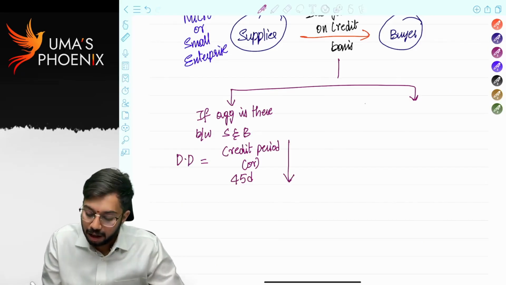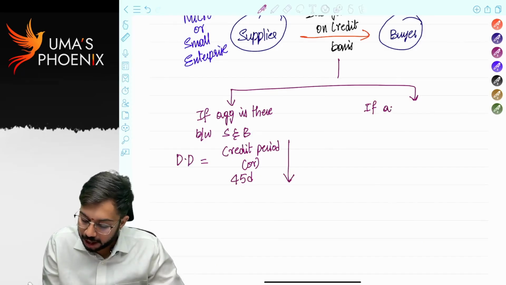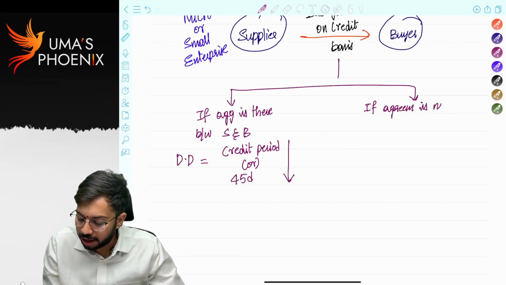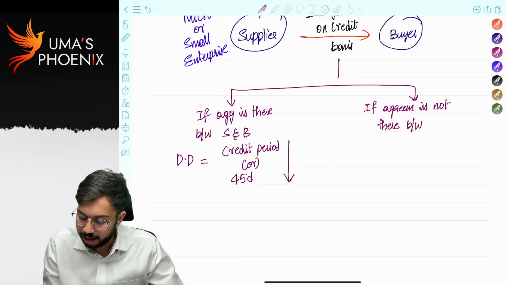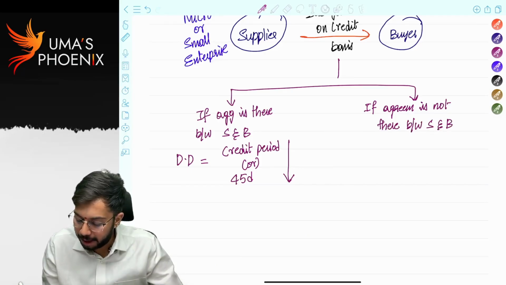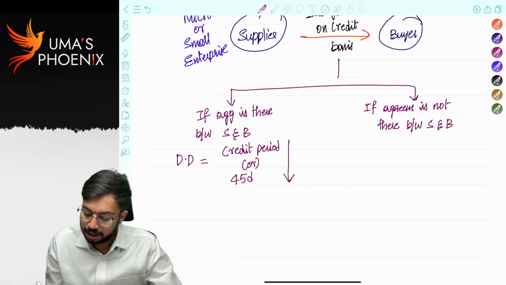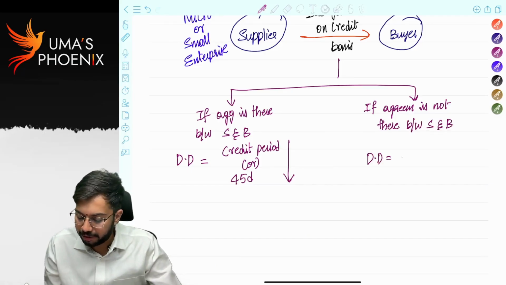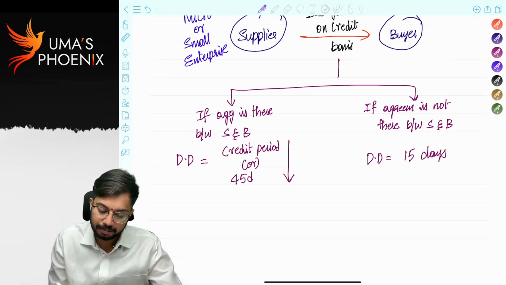If an agreement is not there between supplier and buyer, then due date for payment is equal to 15 days.